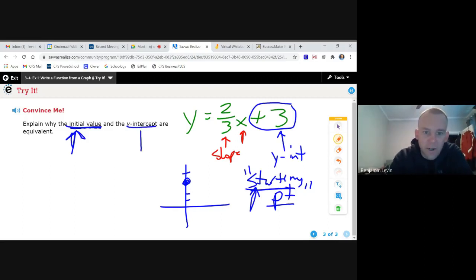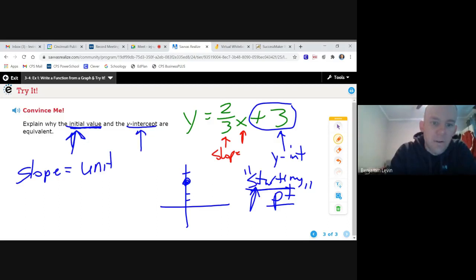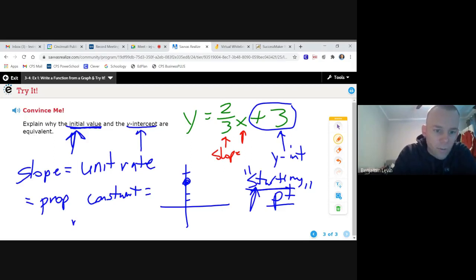All three of these things are the same when we're looking at equations. The y-intercept, the initial value, the starting point, all that stuff is the same. Just like when we were talking about slope, you know that slope is the same as the unit rate, which is also the same as the proportional constant, which is the same as rise over run.